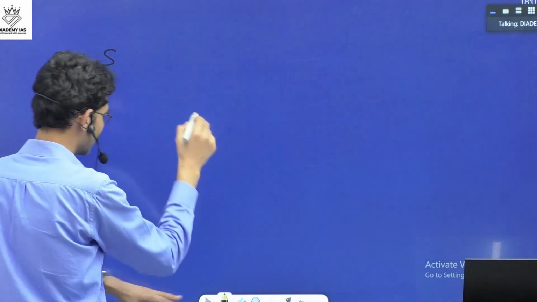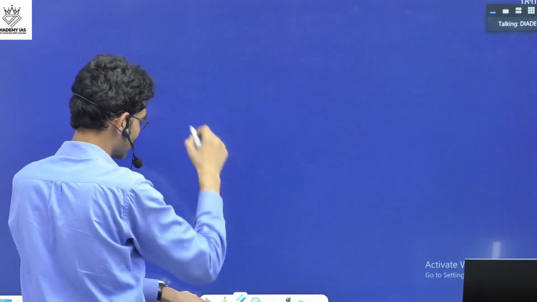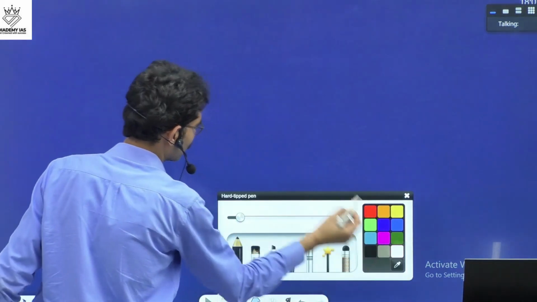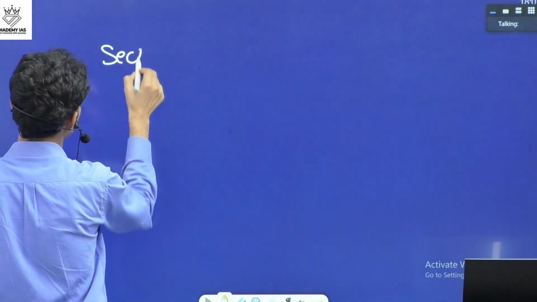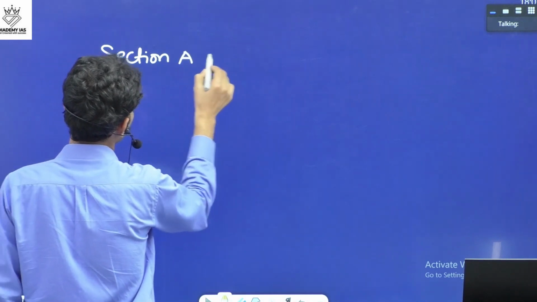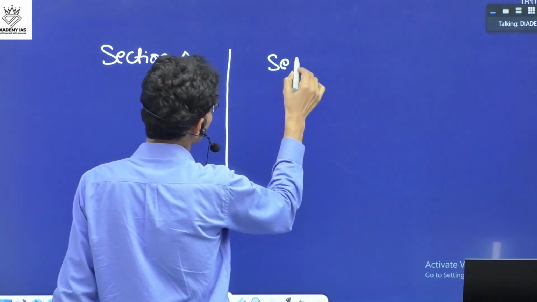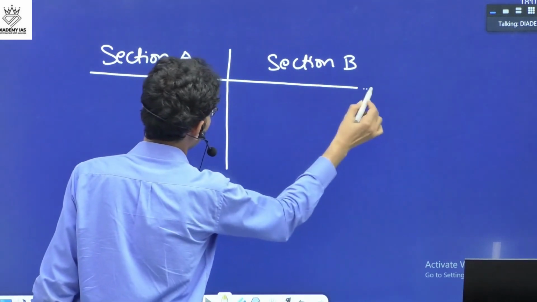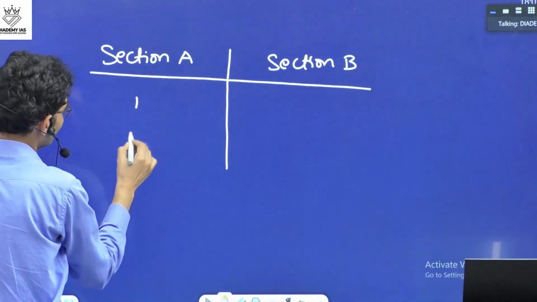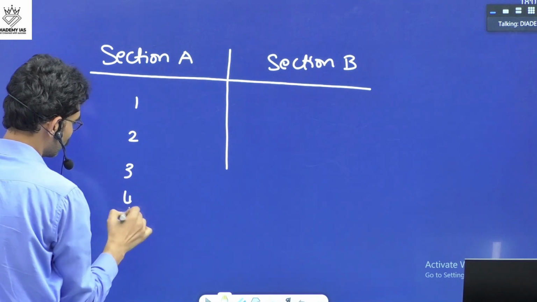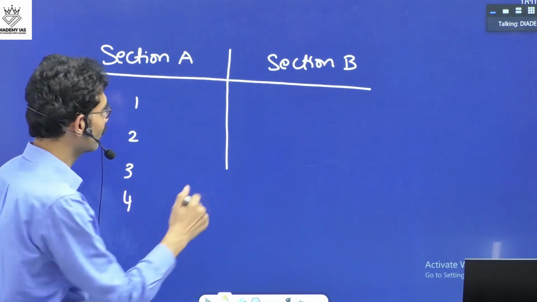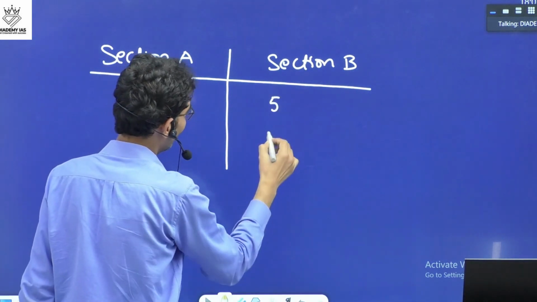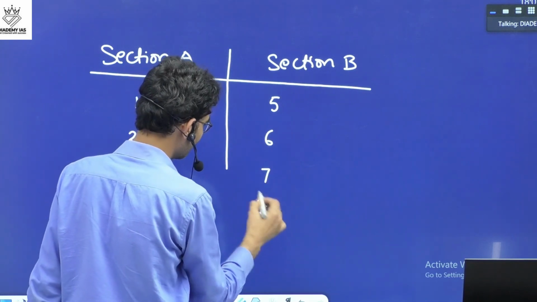There are 2 sections, section A and section B. In section A, 4 questions are given: 1, 2, 3, 4. In section B: 5, 6, 7, 8.